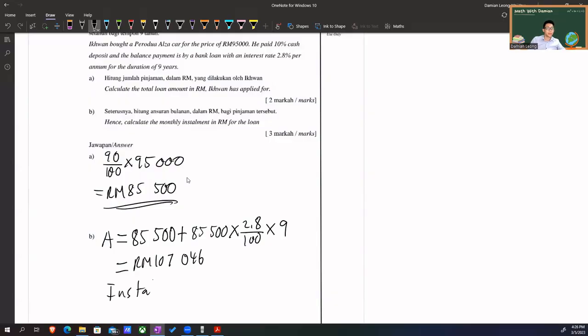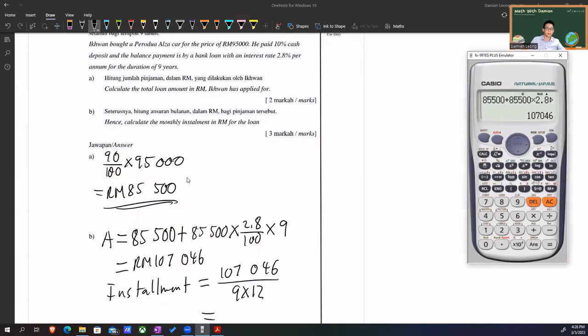Means the monthly installment will be the 107,046 ringgit, the total that he has to pay back, divided by the number of months. So number of months, it is 9 years, means I take 9 years times 12 months per year. Okay, 107,046 divide bracket 9 times 12.